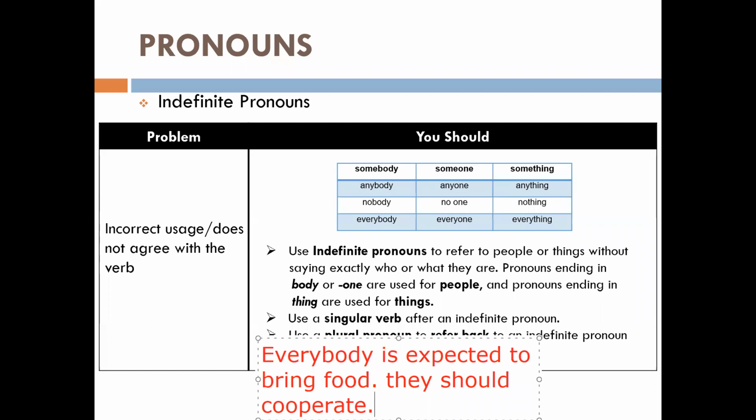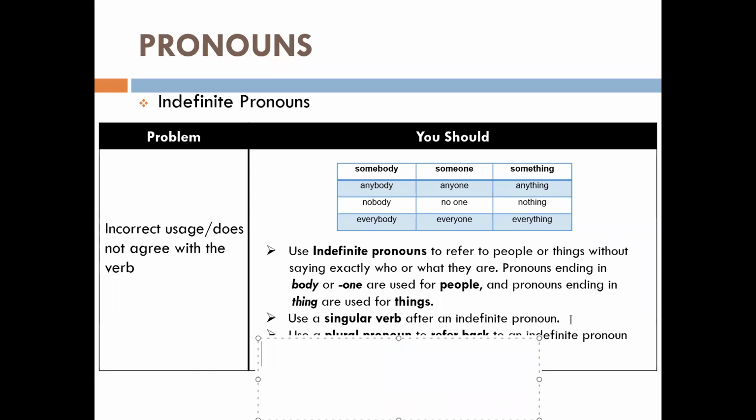They should cooperate because we will not be able to eat. Di ba? Everybody, I will refer back to sila na naman. Si everybody na naman yon. So they na yon. Okay. So, I hope I made sense there. Huwag kang mag-alala, marami pa tayong sample. Alright? So we still have a lot of things to discuss.